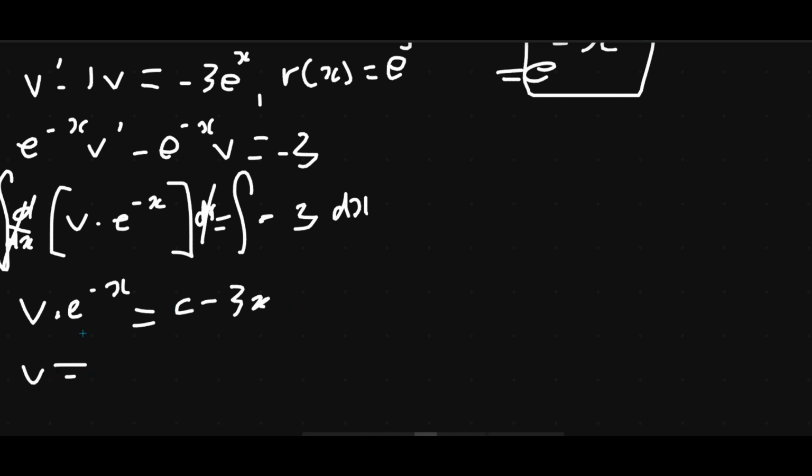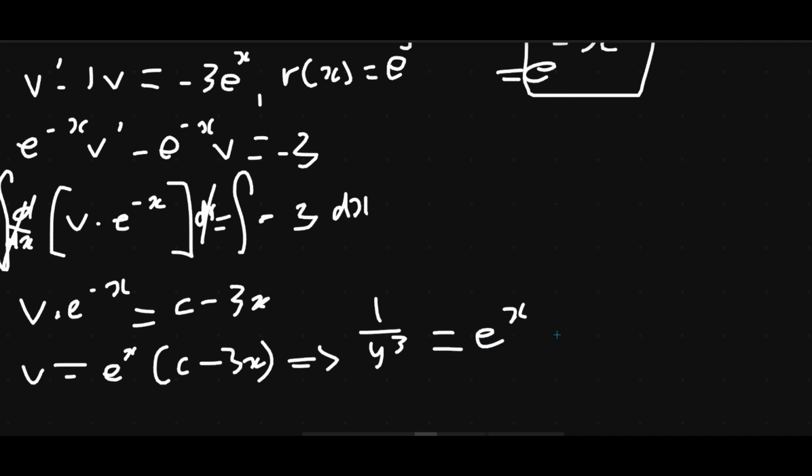V equals, multiply out by e to the x, so we get e to the x times c minus 3x. So v, which is 1 over y cubed, equals e to the x times c minus 3x, and that is our solution.